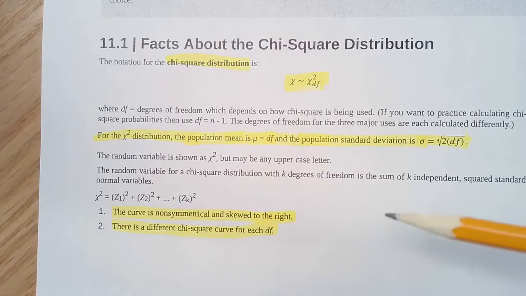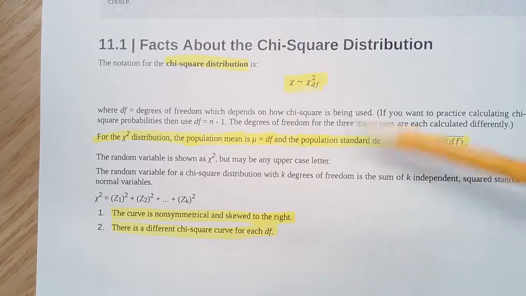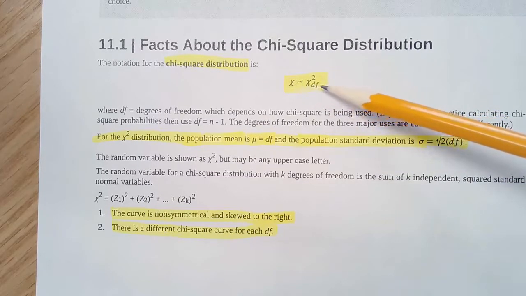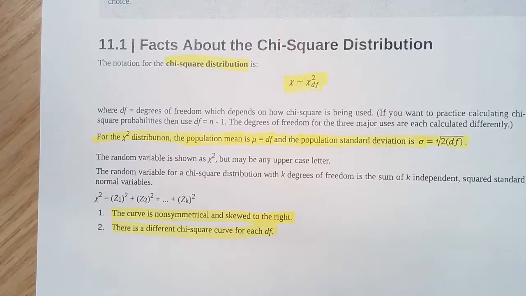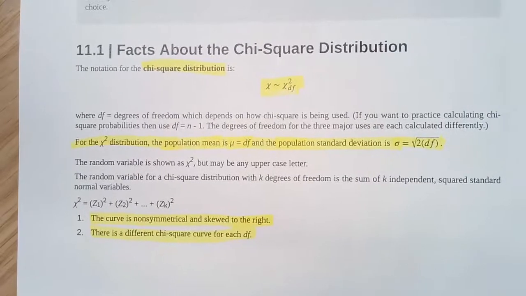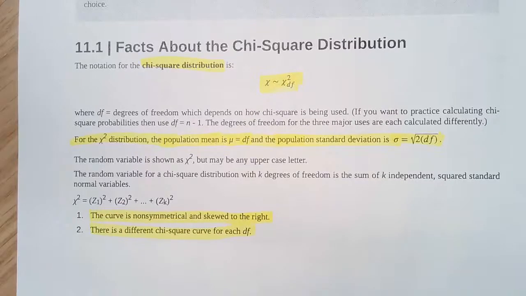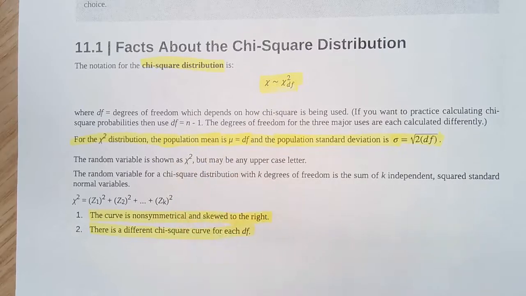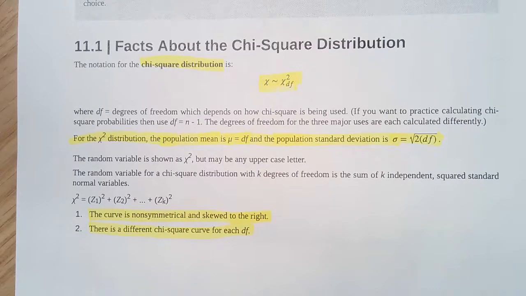Let's talk a little bit about the chi-squared distribution. This is the notation for our chi-squared, and the DF stands for the degrees of freedom. We talked about degrees of freedom a little while ago, I think in either Chapter 7 or Chapter 8. We said it was the sample size minus 1, so it's how many choices you have after that first one has been selected.